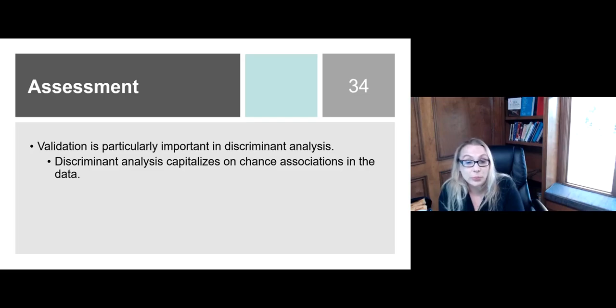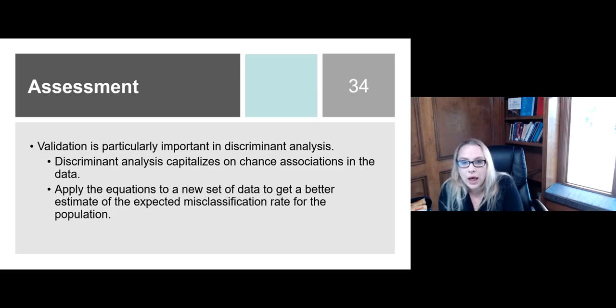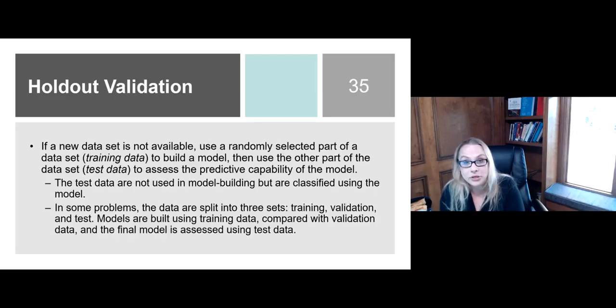So if there are spurious correlations, that's going to get picked up, and it's going to be included with the actual function that's generated. So we want to make sure that we test for that. And then you apply the equation to a new data set to get a better estimate of the expected misclassification rate for the population. We do that by using holdout validation.